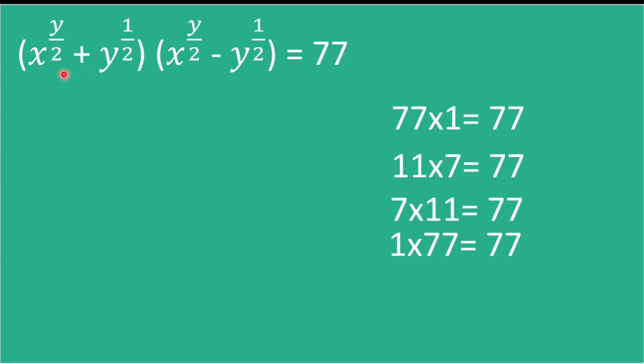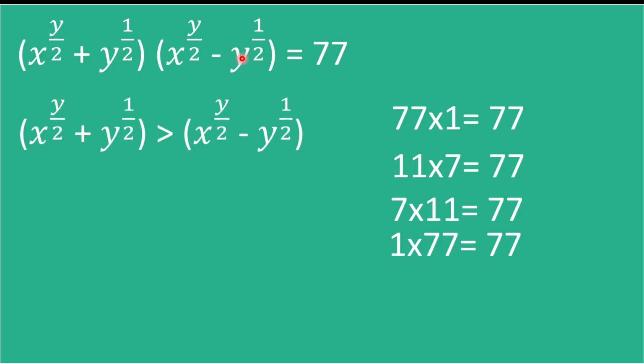But look again at this question and at these two factors. Because of this plus, this whole value will be greater than this value. So we can consider values such that this must be greater than this value. Therefore 77 times 1 is accepted, and similarly 11 is greater than 7, so that is also accepted.